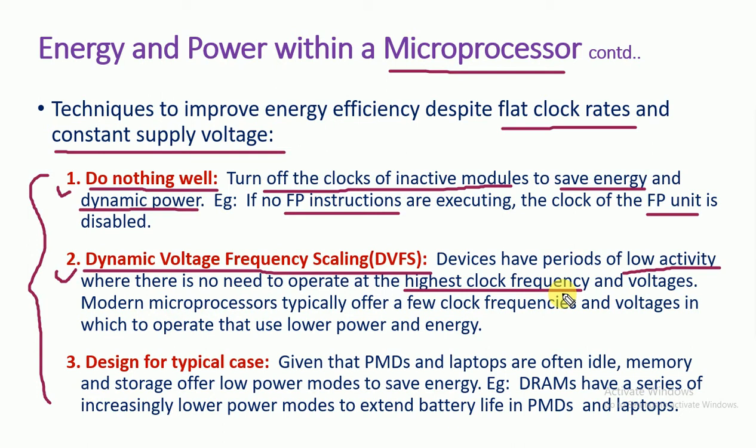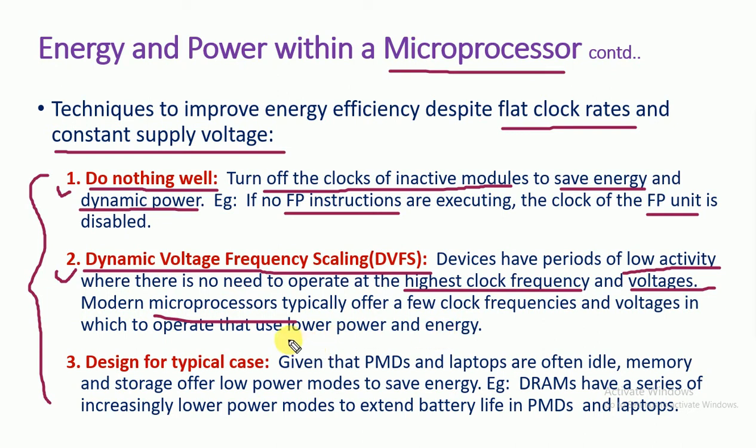So the processor can reduce the clock speed of those areas where the devices have very low activity, and the voltages too. They don't require the highest clock frequency, so the frequency and voltage requirements can be reduced. Many modern microprocessors typically offer a few clock frequencies and voltages in which to operate that use low power and energy.